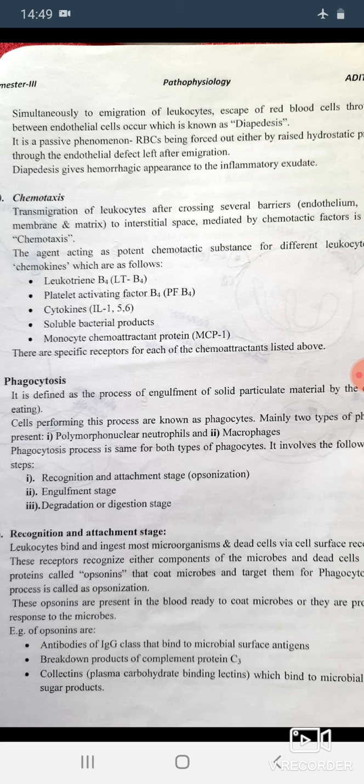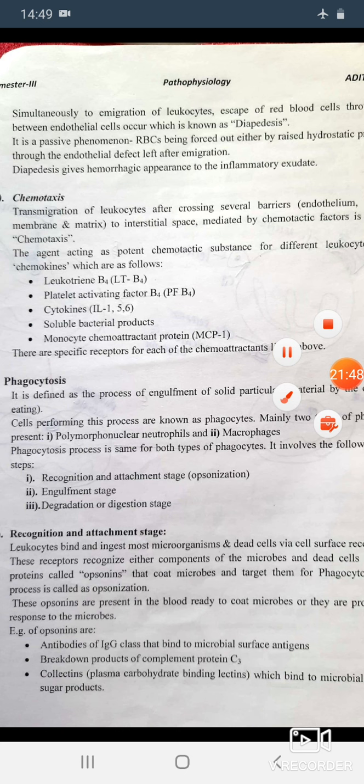The third phase is immigration, that is transfer of WBCs from blood vessel into the interstitial tissue. And the fourth is the chemotaxis, when this immigration occurs because of the presence of some particular substances called chemotactic factors, with the examples. Clear? So that is about the exudation of leukocytes.